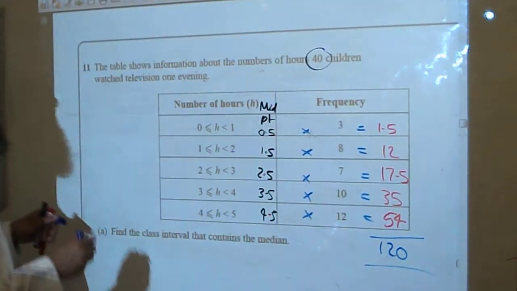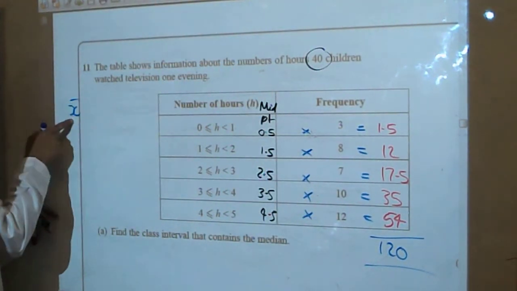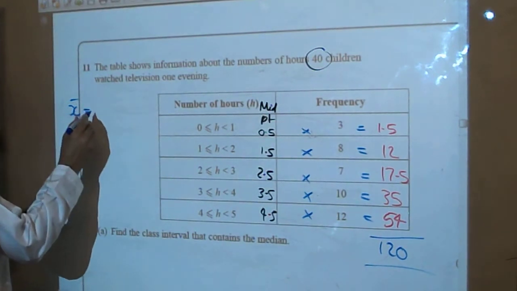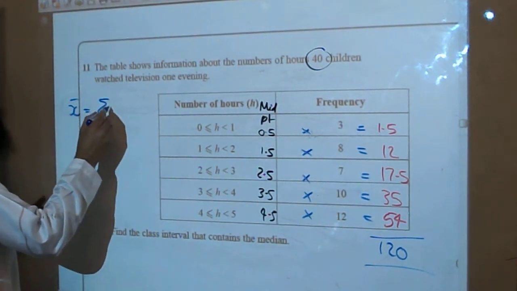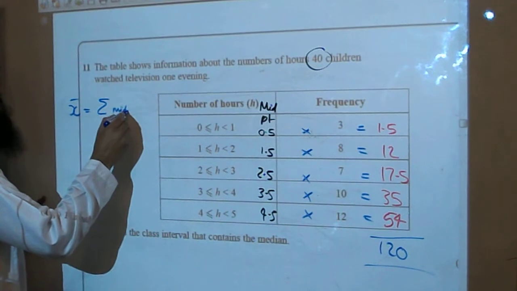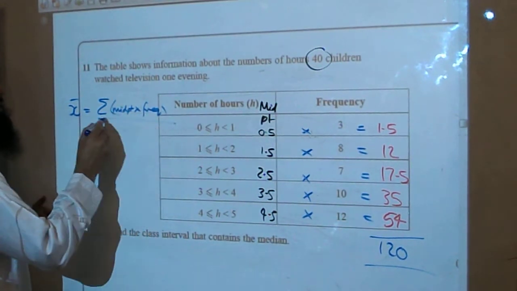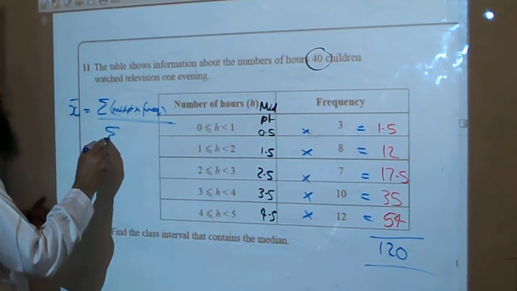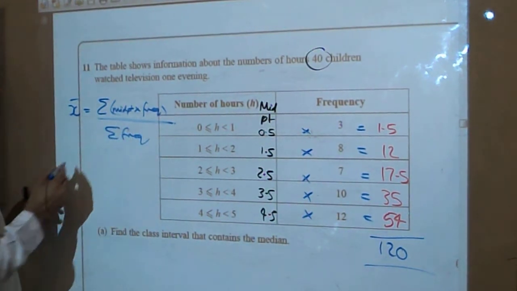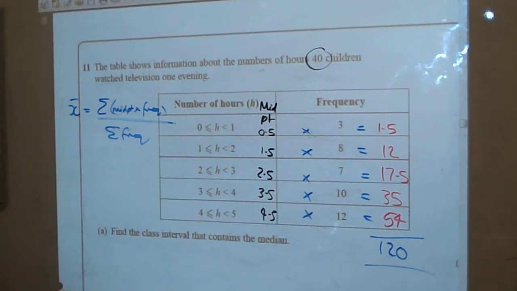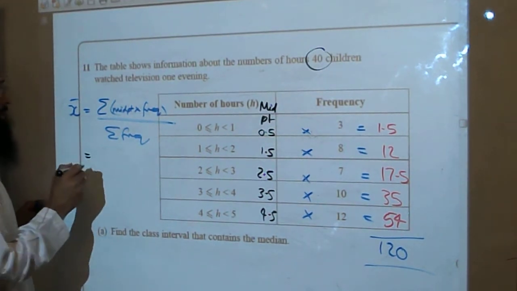Divide by 40. Okay, now the mean, which I'll represent like this, x bar, is equal to the sum of the midpoints times the frequency, divided by the sum of the frequency. That's how we work out the mean of a group frequency table.